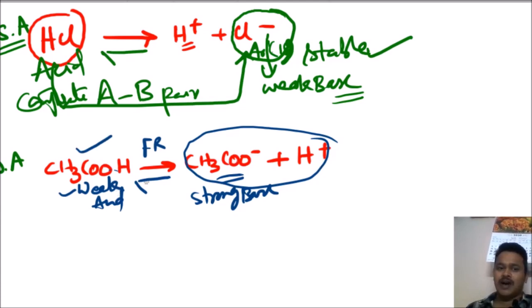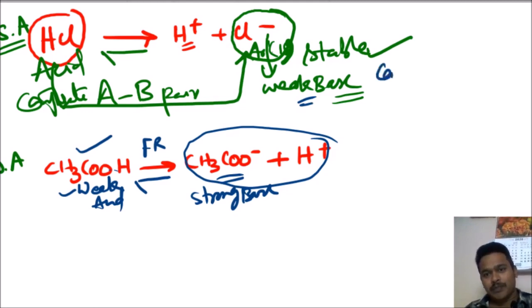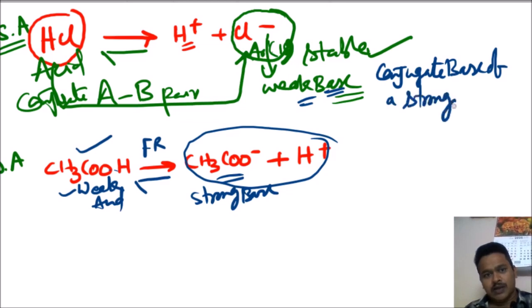So at this time it is a strong base. That is why, what can I conclude here? First point: the conjugate base of a strong acid is weak.